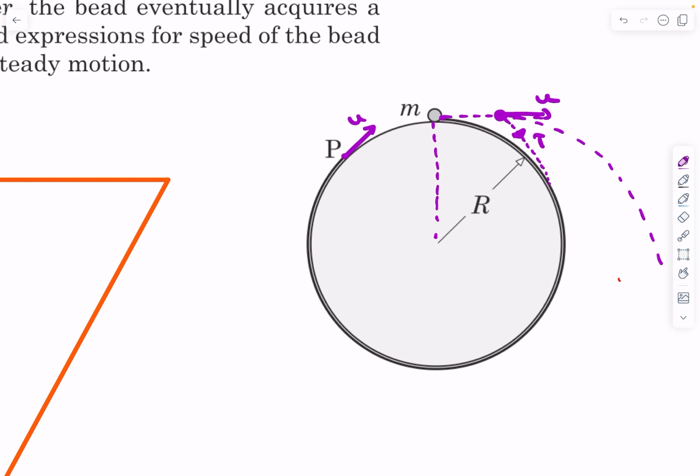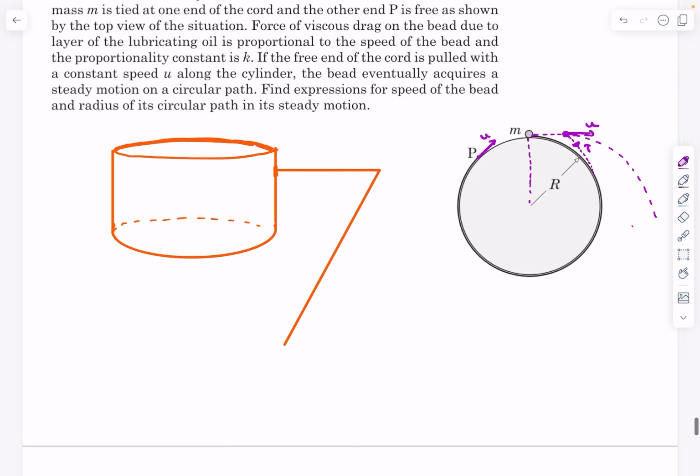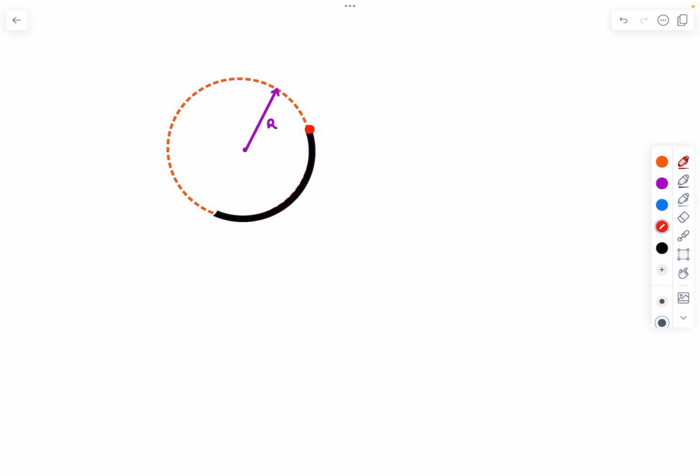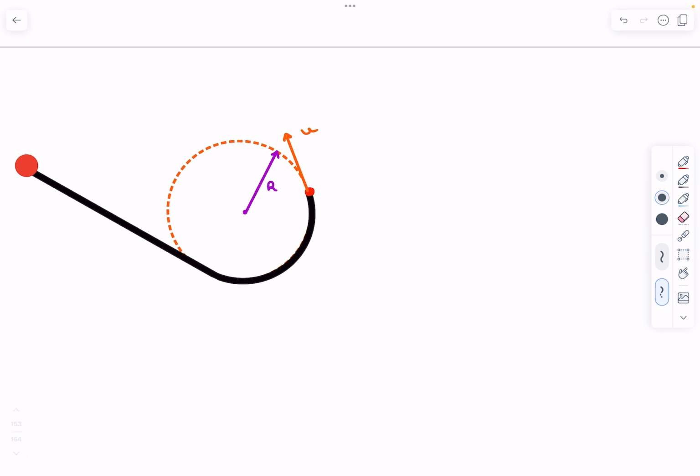So let's just draw the final situation itself. Let's say this is the free end P. This end is being pulled with the speed of u, right? Now, I didn't complete the diagram yet. The diagram will look something like this. Basically the bead is somewhere over here, and this is how the string looks. Once again, this end is being pulled with the speed of u.